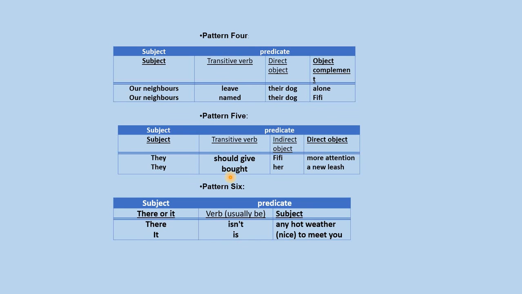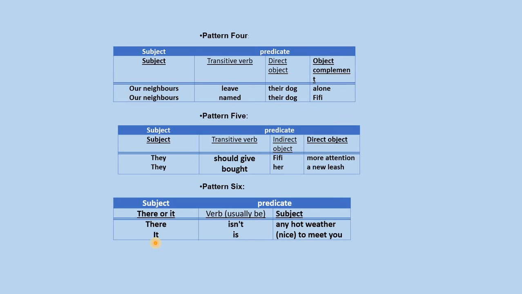Pattern number 6, what do we have? There or it. There and it are called impersonal pronouns, or impersonal subjects. They don't mean someone, or we say there is, but it is not a real subject.